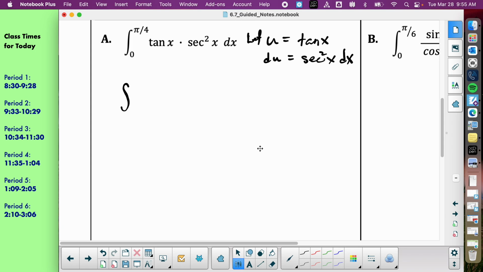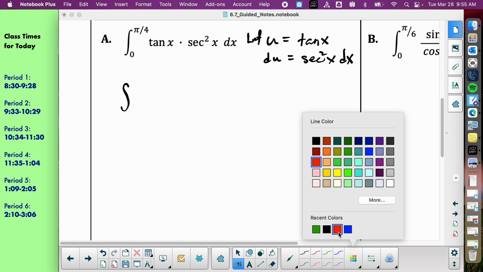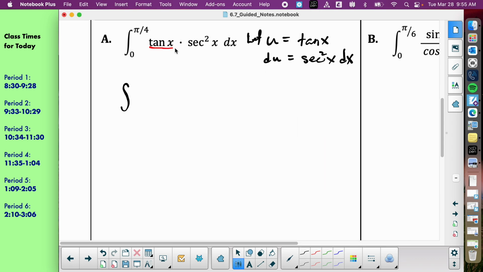Are you trying to give me an answer or like how to put it in? Like the next step. Okay, so I would want to, wherever there was a tangent of x, put in u. Wherever there's secant squared dx, put in du.